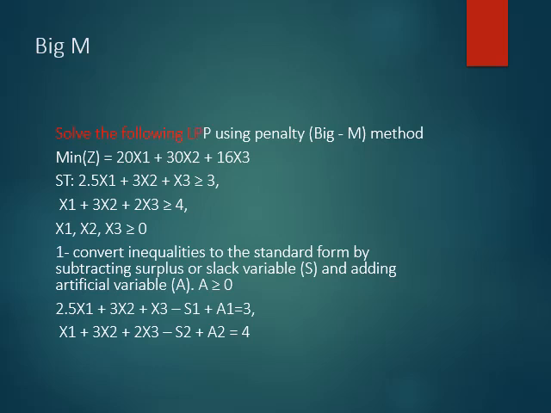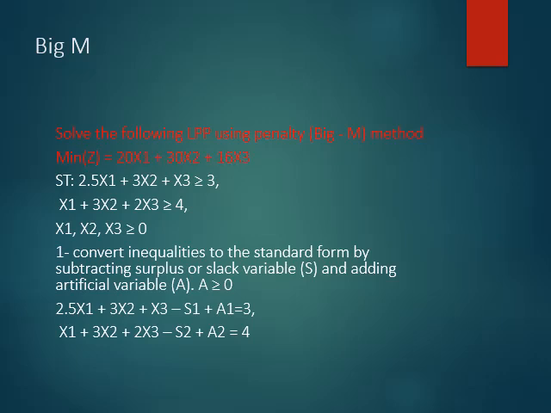First example, solve the following LPP using the penalty, Big M method. Given: min z equals 20x1 plus 30x2 plus 16x3.